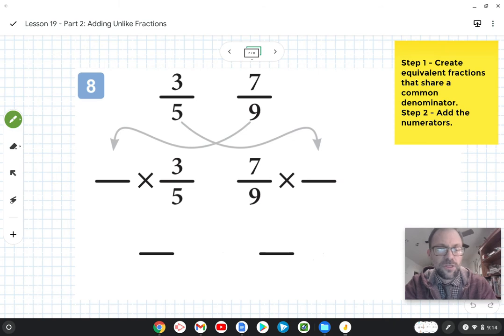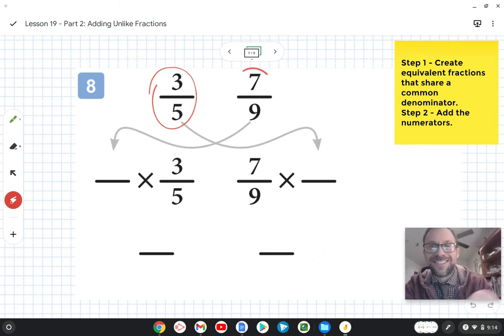All right, here we have 3/5 and 7/9. Okay, now I'm going to give you a hint, and then I'm going to get you to participate a little bit here. We're going to start with the denominator in our first fraction, 3/5. We're going to start with the 5. What do we do with the 5? What's our first step? Go ahead and try to figure that out right now.